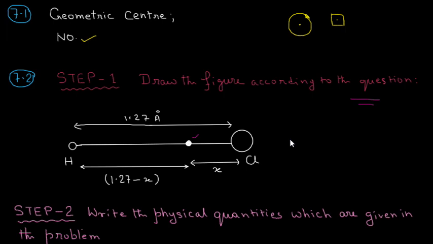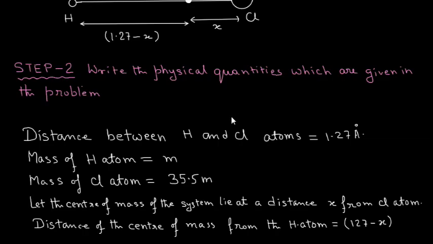Now in step 2, write the physical quantities which are given in the problem. According to the figure or according to the question, whatever physical quantities are known to us, we'll write it here. For example, distance between hydrogen and chlorine atom is 1.27 angstrom. In the figure also we have written it, and here also we are summarizing the sum.